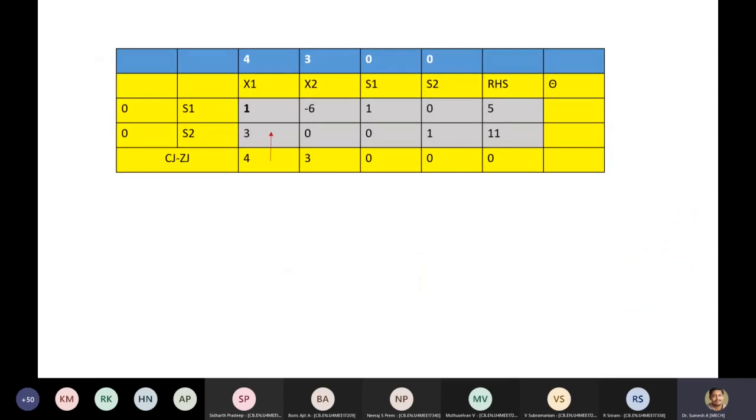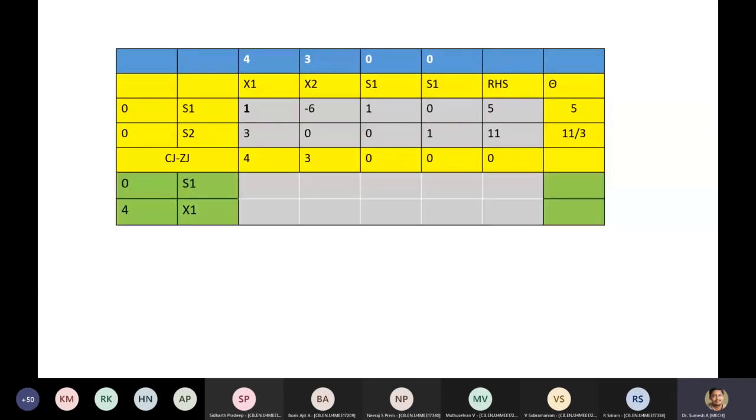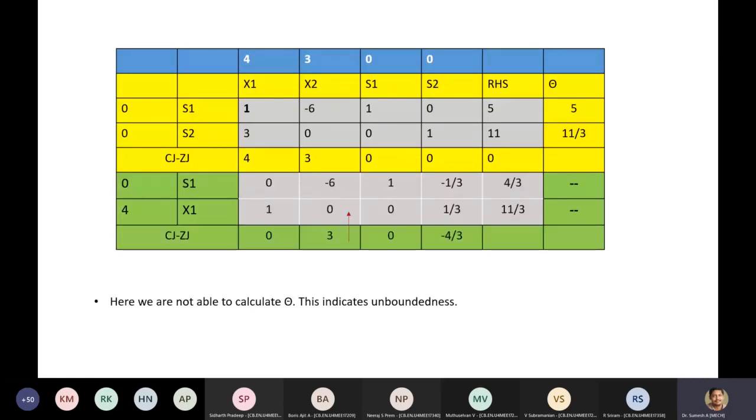Okay, so you can see it is X2. But you can see over here it is -6 and 0. So the replacement ratio will be 4 by 3 divided by -6, and 11 by 3 divided by 0.